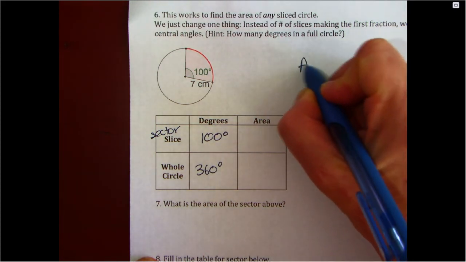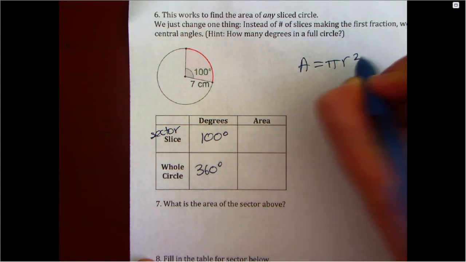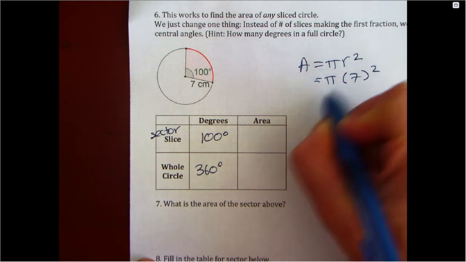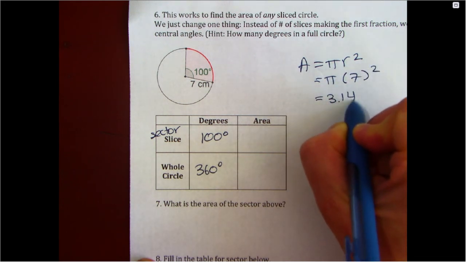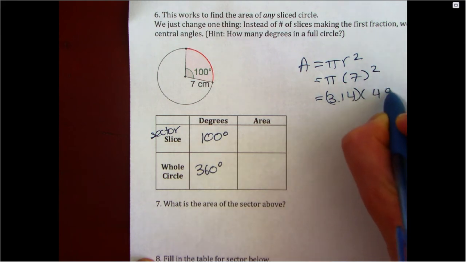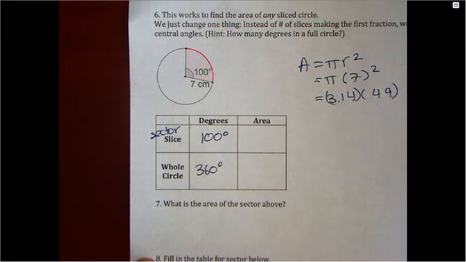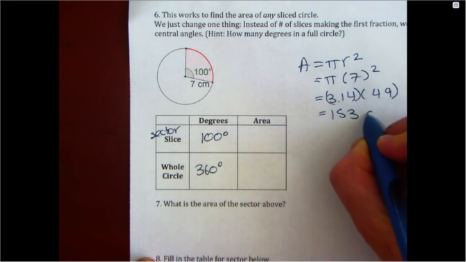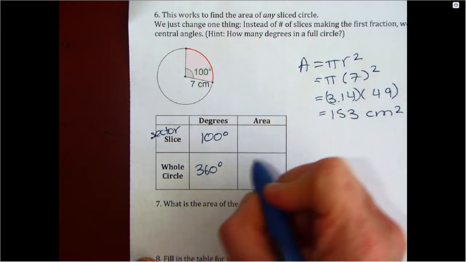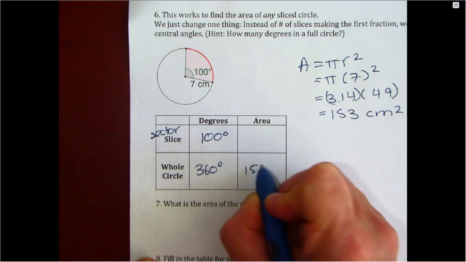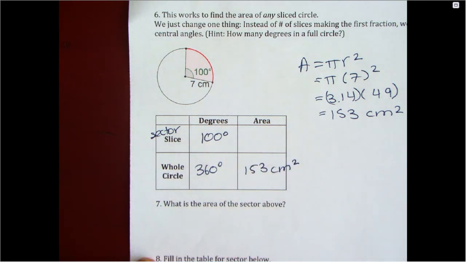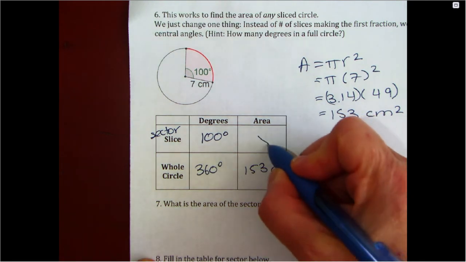Area is equal to pi r squared, which is equal to pi times 7 squared, which is equal to 3.14 multiplied by 49. And that becomes equal to 153 centimeters squared. So we're going to put 153. It's really 0.02, but that's okay. Centimeters squared. And since we don't know what the area of the sector is, we're going to call it x.